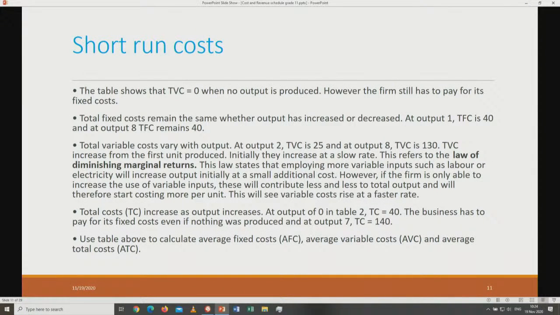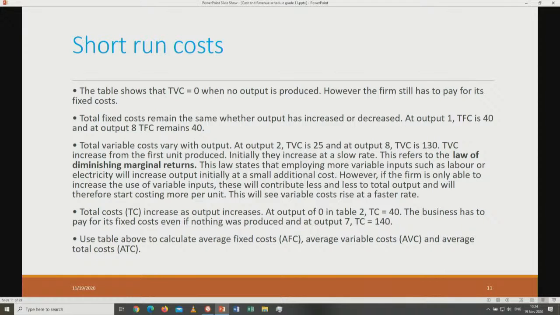So in other words, because of that change, the total variable cost increased from the very first units that we produce. Firstly, it increases at a slow rate, right? And that concept of the total variable cost increasing at a slow rate, we refer to it as the law of diminishing marginal returns.